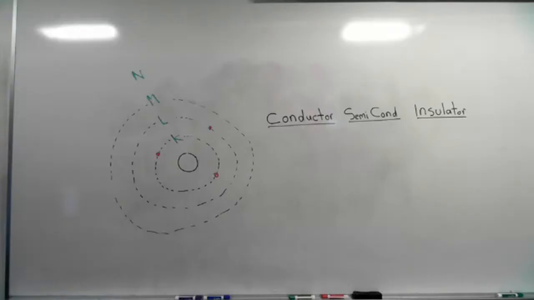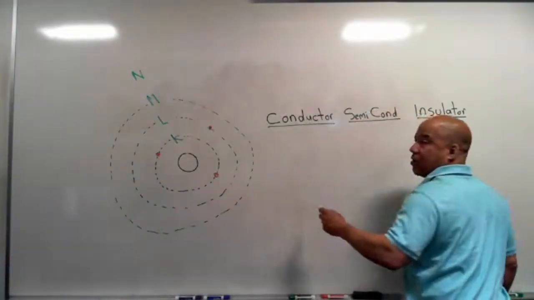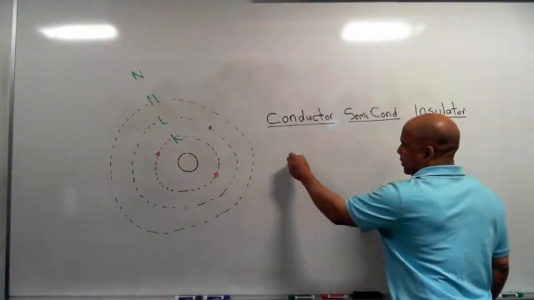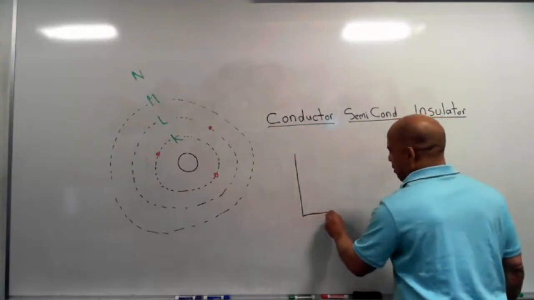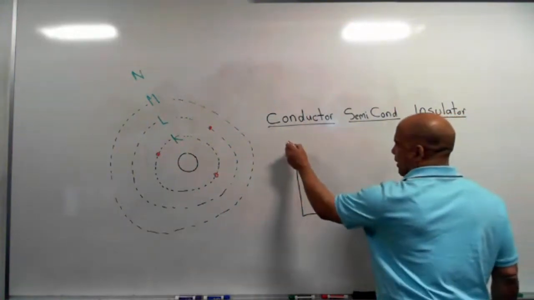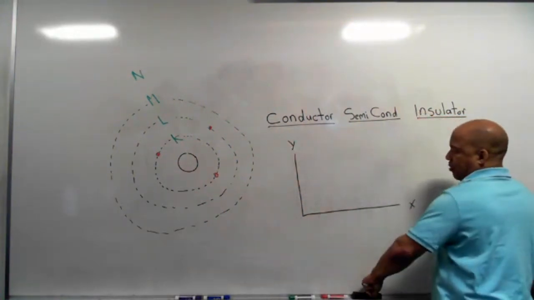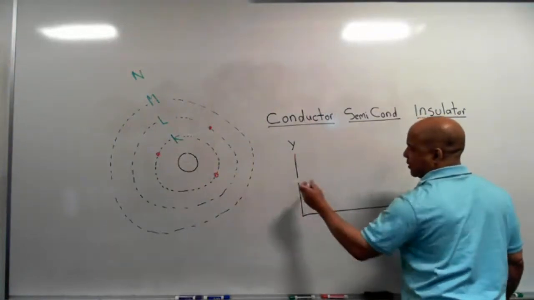Anybody ever seen a graph? Maybe in your math class, they'll have a graph like this. I'll just put X and Y in here, but it could be anything. Sometimes they'll show a little mark right there like this.